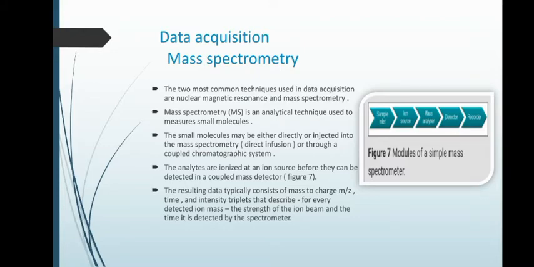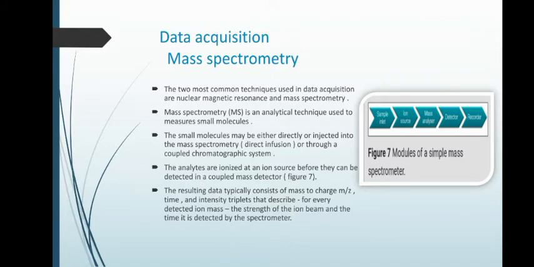Mass spectrometry is an analytical technique used to measure small molecules. The analytes are ionized at the ion source before they can be detected in a coupled mass detector.